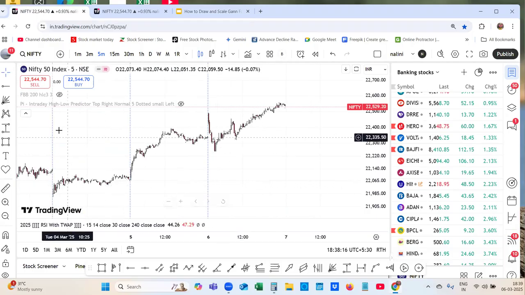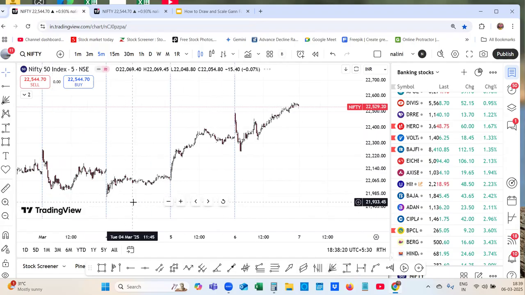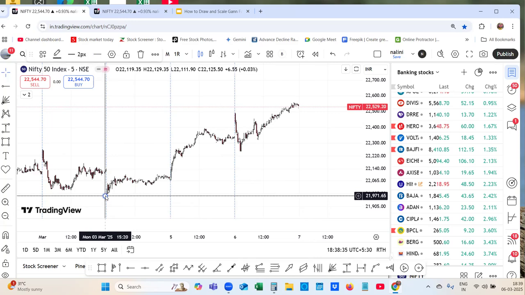Now what we are going to do is take the Gann fan. I'm identifying this as the swing low. I'm drawing a vertical line over here. You can do a cross line also. So this is the swing high.